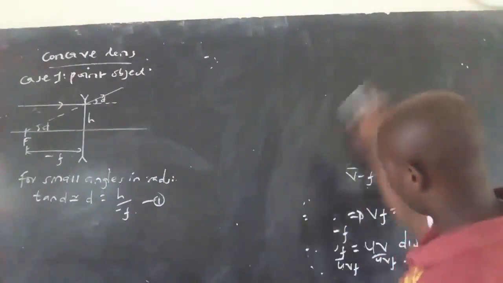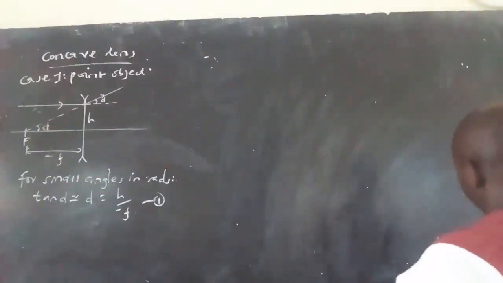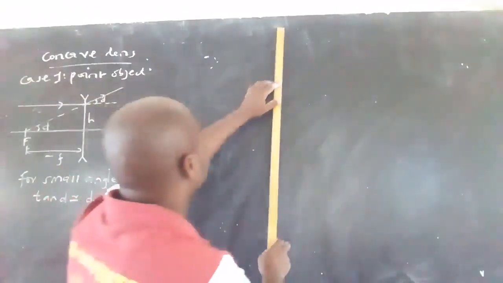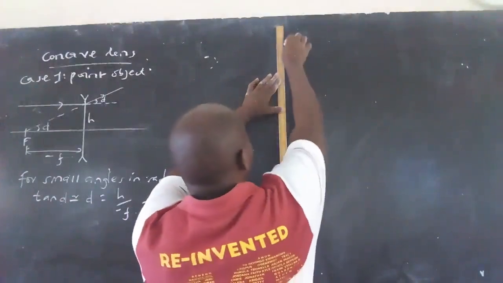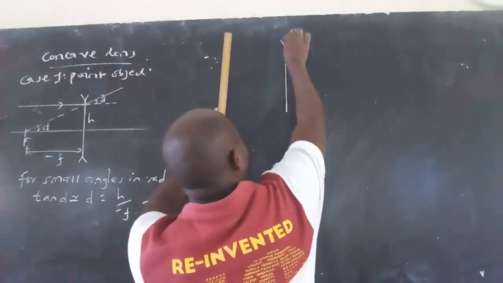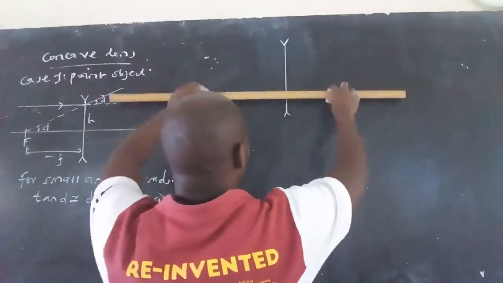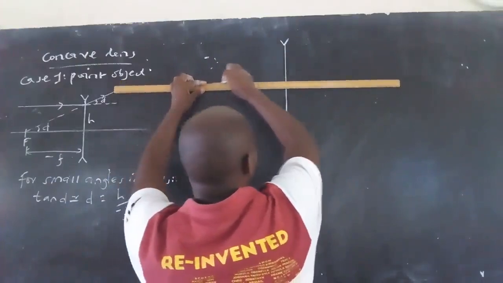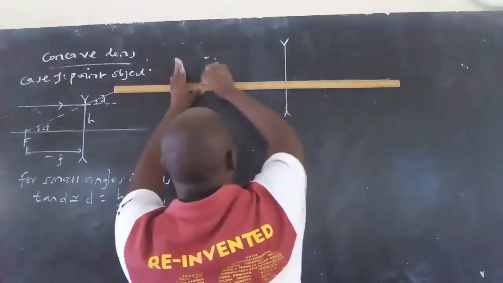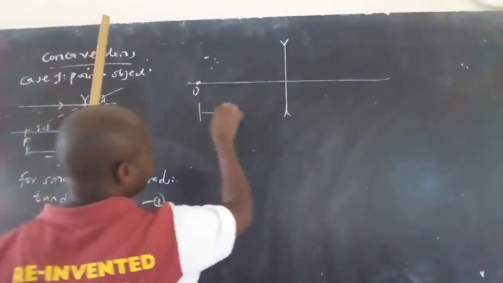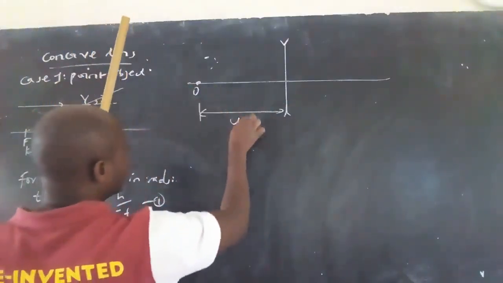Then consider a point object which is placed at a distance u from the lens. So, come here. This is the lens. Then let's consider this O at a distance which is u.